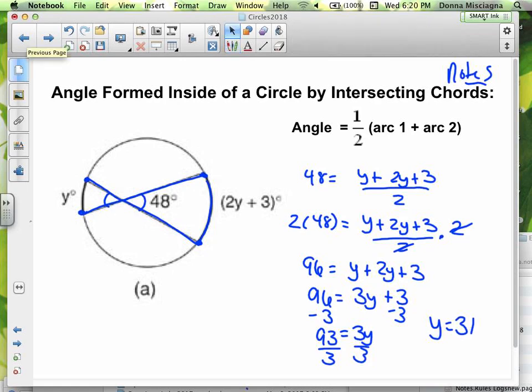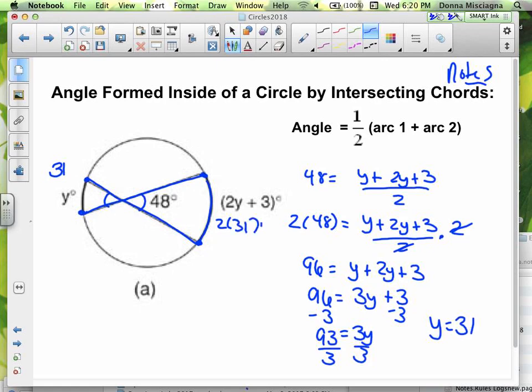Okay? And you can even plug it back in and check. So if I were to plug it back in, this would be 31 over here, and this would be 2 times 31 plus 3. So that's going to be 65. 62 plus 3 would be 65. And if I add that together, here's my check. If I'm not sure, I can always just plug it back in and see.